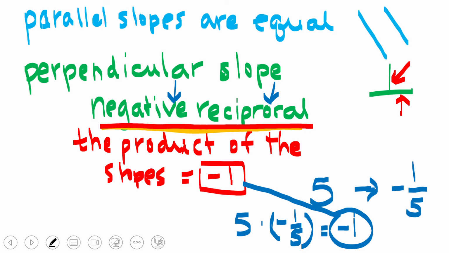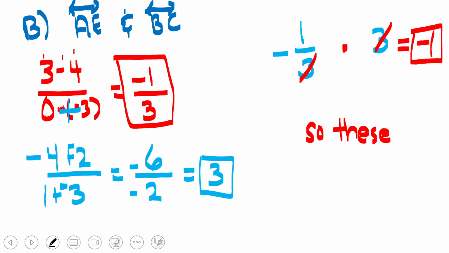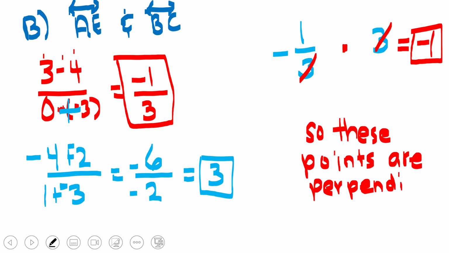And we talked about multiplying the negative reciprocals, and the product would be negative 1. So these points are perpendicular, because we tested their numerical slope values. I hope this helps, and I'll see you soon.